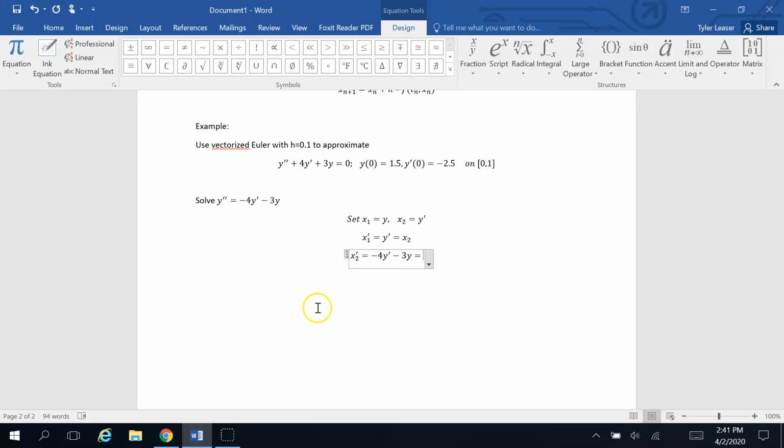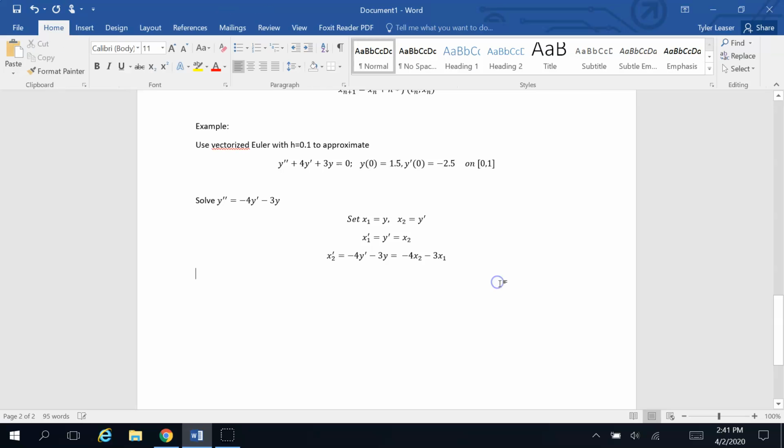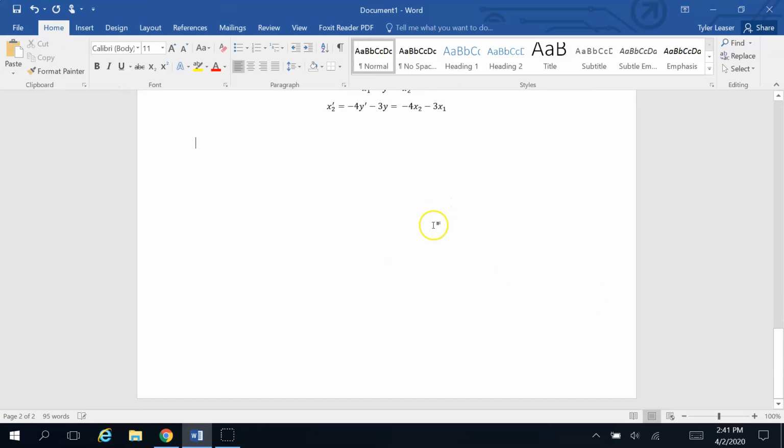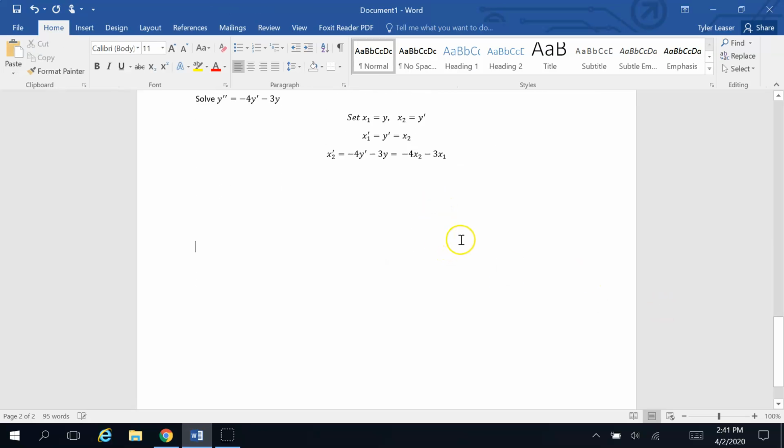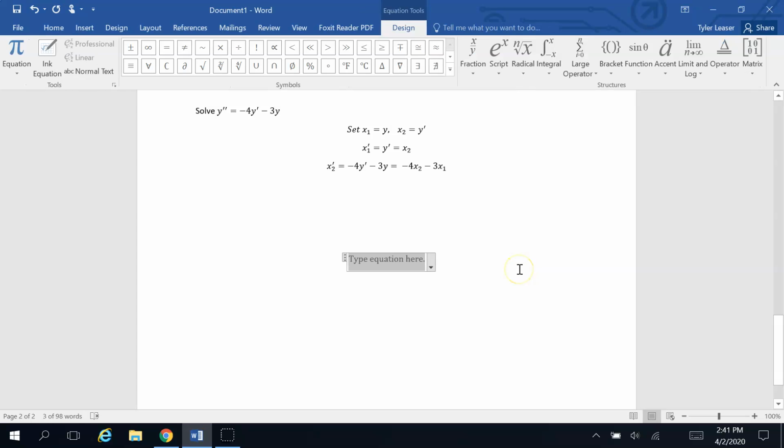So we plug it in. y prime is just x sub 2, so this is negative 4x sub 2, minus 3 times y, and y itself is just x sub 1. That looks kind of cluttered, so I'm going to rewrite it. This is going to be our new system: x sub 1 prime is equal to x sub 2, and x sub 2 prime is equal to negative 4 x sub 2 minus 3 x sub 1.